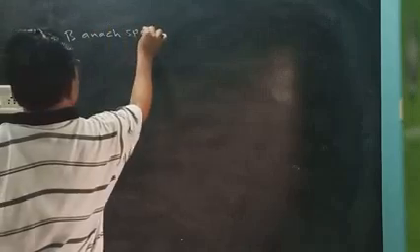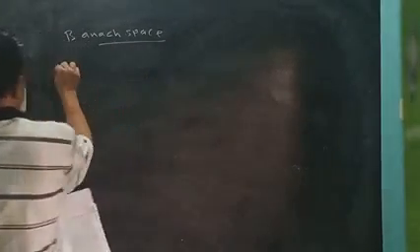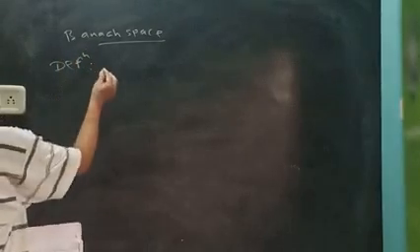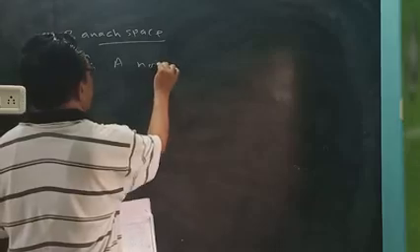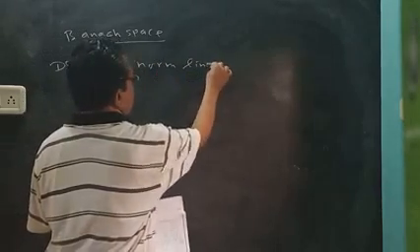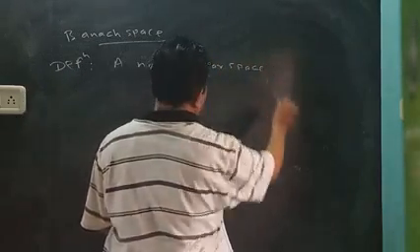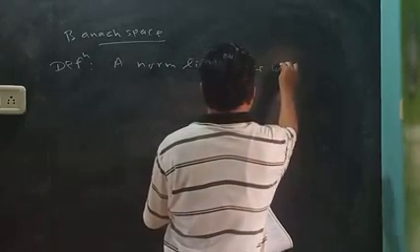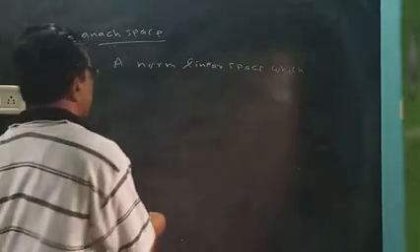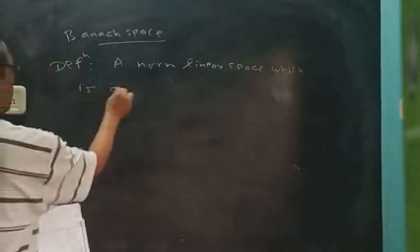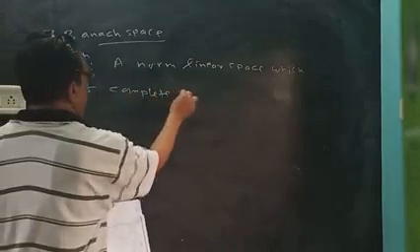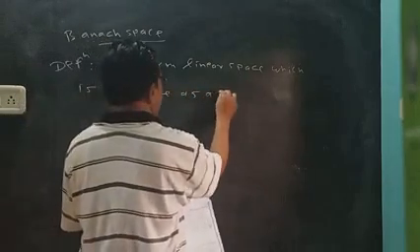Banach space. Definition of Banach space. A normed linear space, you know from the previous topic, which is complete as a metric space.